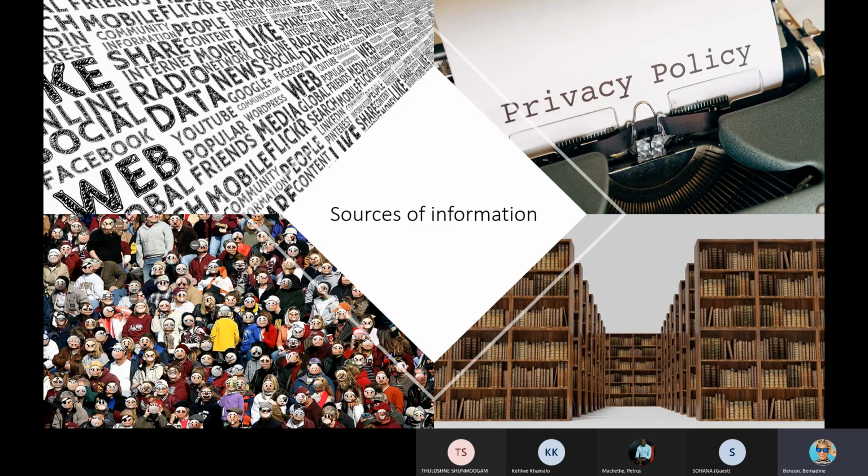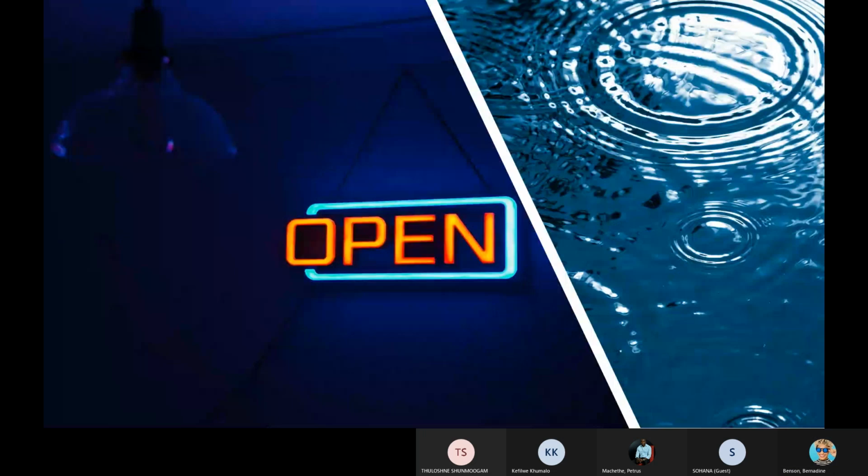The one is an open source and the one is a closed source. What is an open source? An open source is exactly that, a source that is open and available to anyone who is willing to go and look for it. These are the sources that are available to the general public. You must just know what you are looking for.